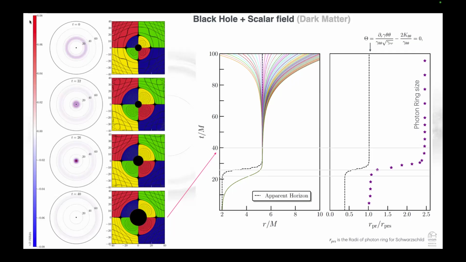So we think this is interesting because in this way, indirectly, we can try to get some insights into dark matter. But we have to assume that this is a very, very simple model.